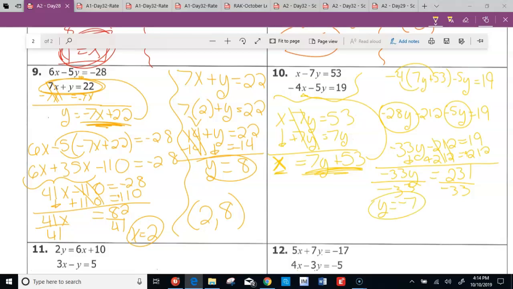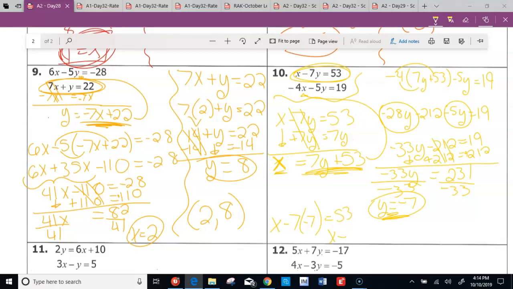Cool. I got a y value, but I still need an x value. So I'll use my first equation up here because it has an x that's all by itself, and plug in the y value that I got. So I have x minus 7 times my y value, which is negative 7, should equal 53. Negative 7 times negative 7 gives me 49.